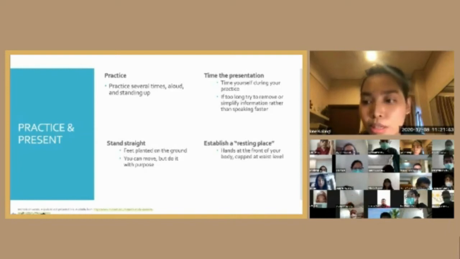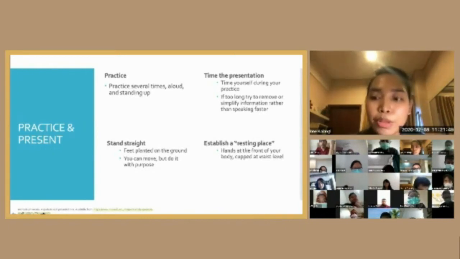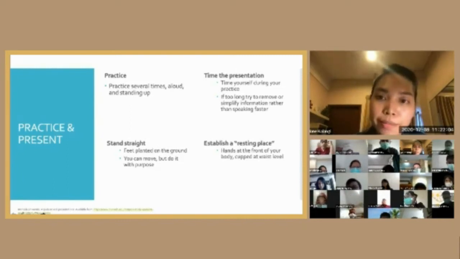If it's too long, try to remove parts or simplify the information rather than trying to speed up or rush through your presentation. Also, when you do your presentation, please keep in mind to keep your posture correct by standing straight and keeping your feet planted to the ground.